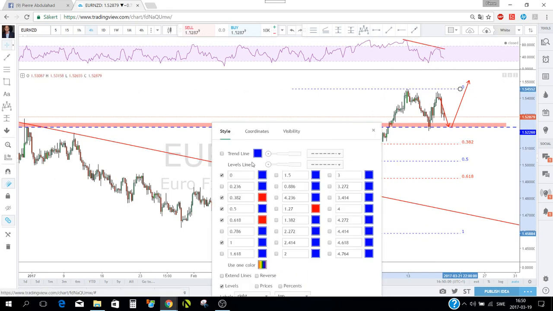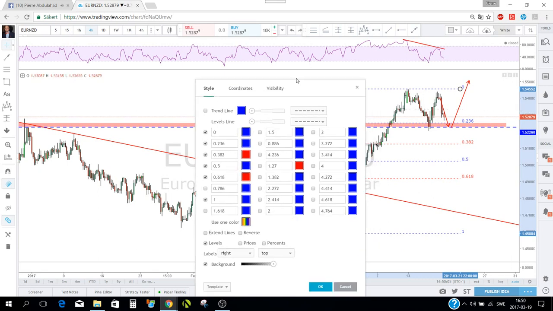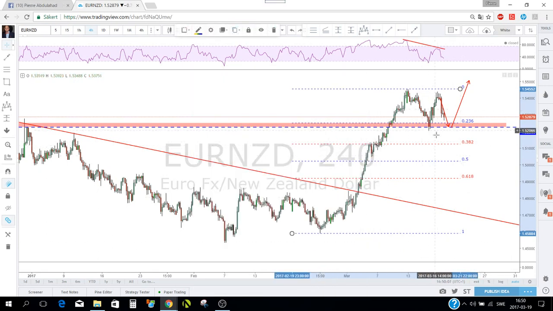So if we put the 23.6 Fibonacci retracement, you see that you have it somewhere here where price did a retest. So look at this level for next week and see if you're going to find your entry reason. If you want to long this pair, I will be looking at that level too for a long opportunity.